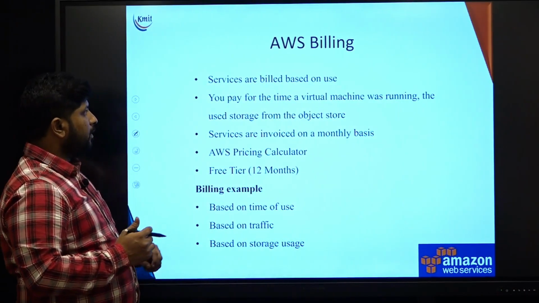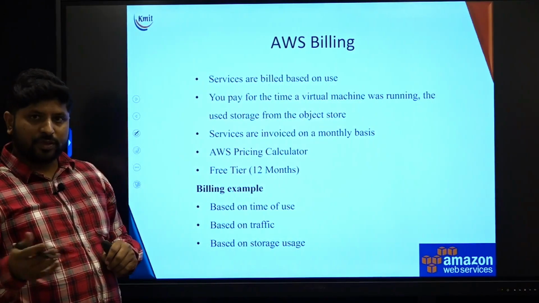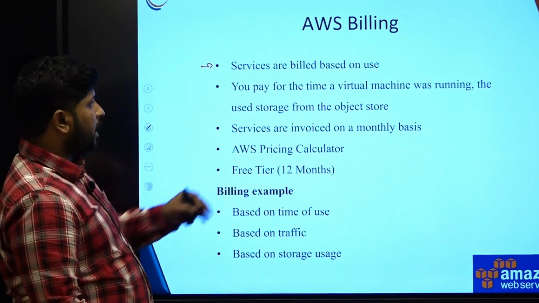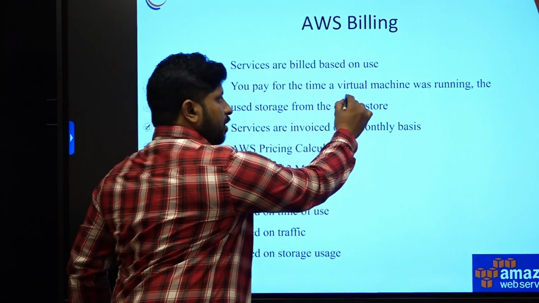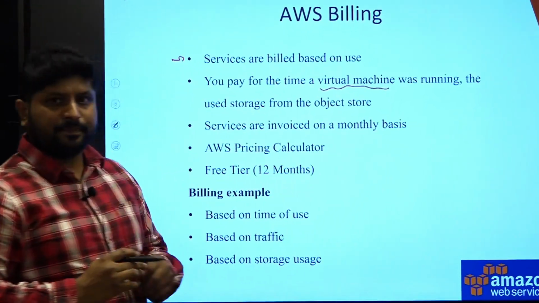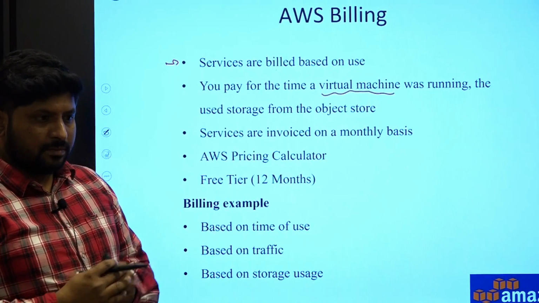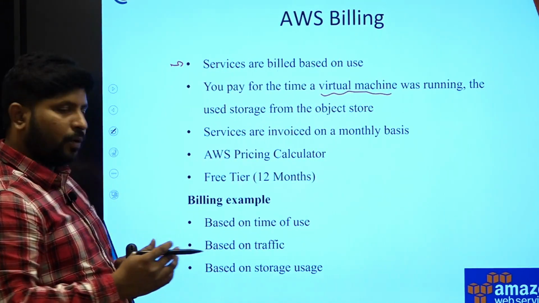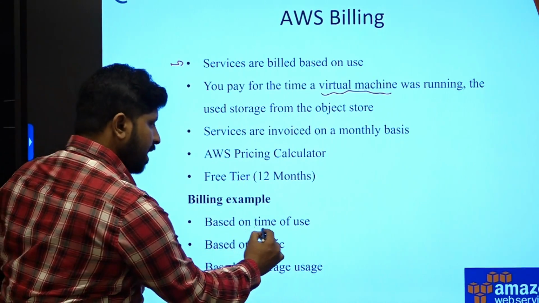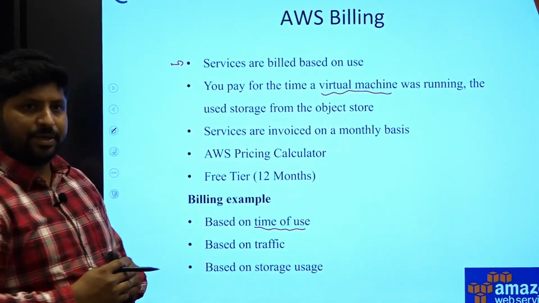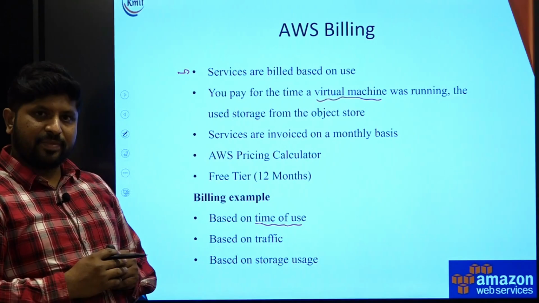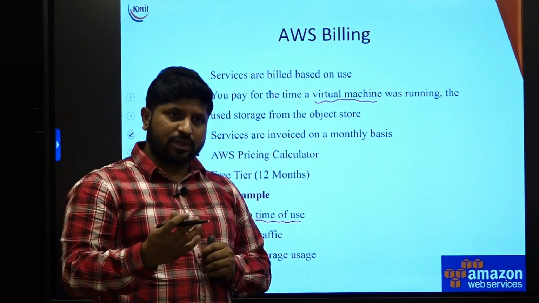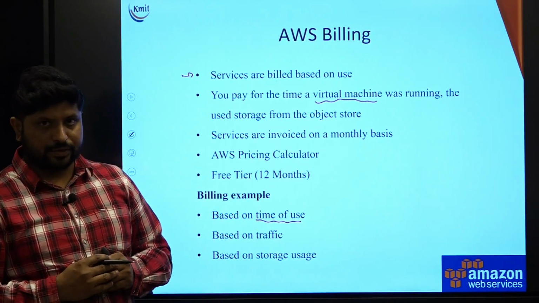It means that if we are utilizing any virtual machine, AWS is going to charge you based on how much time you are using a particular virtual machine, or how much time the virtual machine is running, or what is the size of the virtual machine. Based on the size also they are going to charge you.